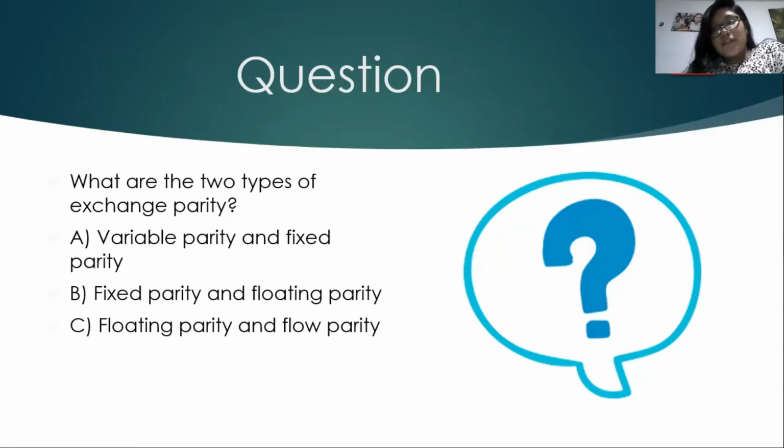And letter C is floating parity and flow parity. I will give a few seconds. Okay, and the answer is letter B, fixed parity and floating parity.